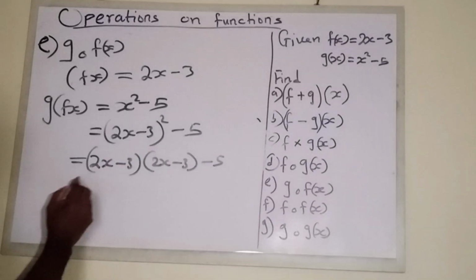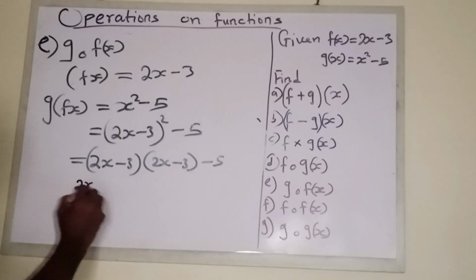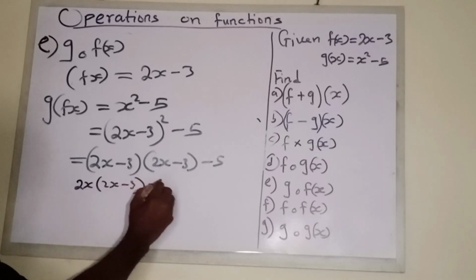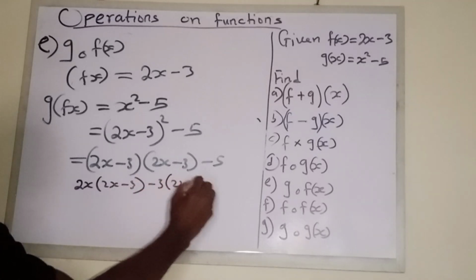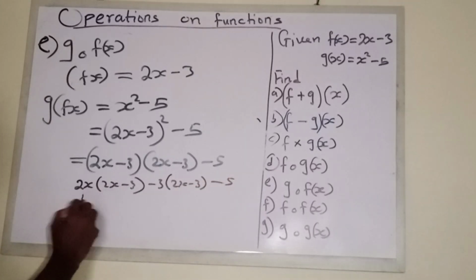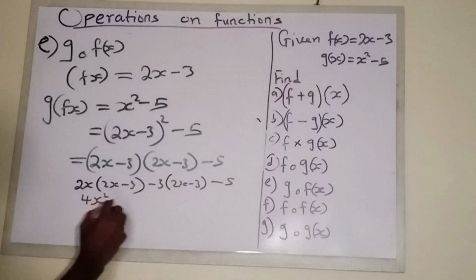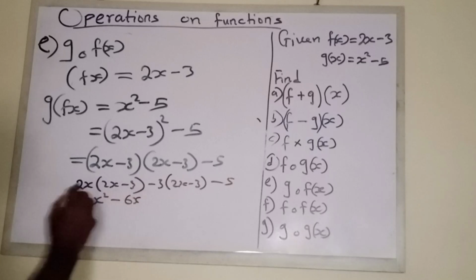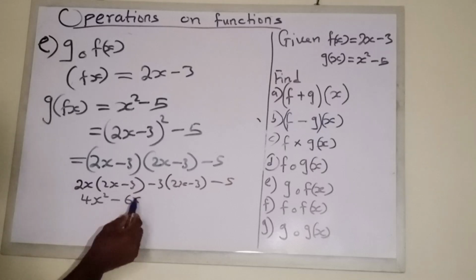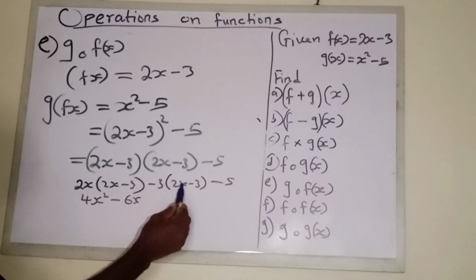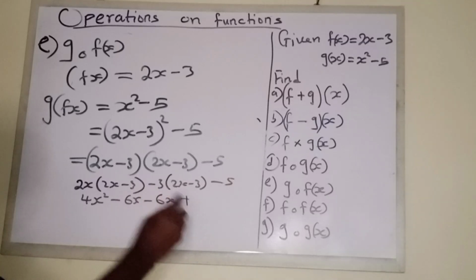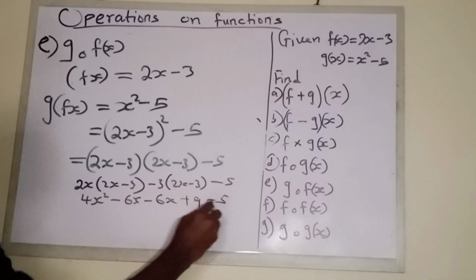Now, let's open this bracket. We're going to have 2x into bracket 2x minus 3, then we have minus 3 into bracket 2x minus 3, then minus 5. So when you multiply this, we're going to have 4x squared, then minus 6x, and minus 3 multiplied by 2x gives minus 6x, then plus 3 times 3, 9, then minus 5.